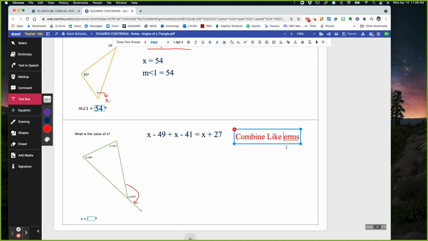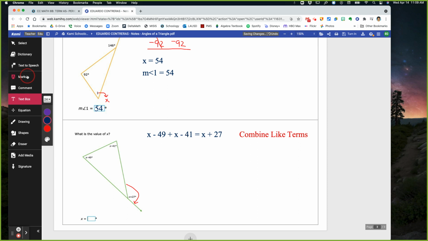So I'm going to combine my x's, x with x, and then I'm going to combine my numbers, negative 49 and negative 41.